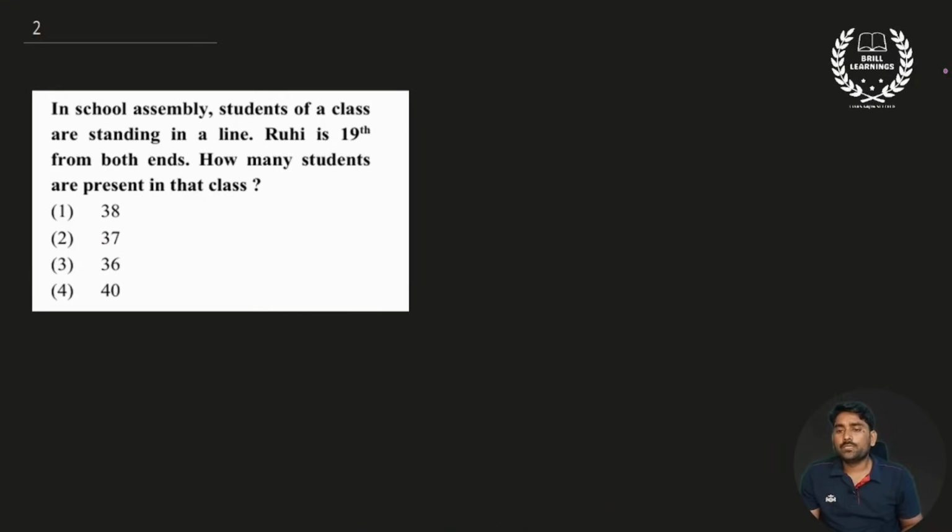In a school assembly, students of a class are standing in a line. Rushi is 19th from both ends. How many students are present in that line? It is a very simple question. First 1, 2, 3 and so on up to 19. Here also take values 1, 2, 3 and so on up to 19.